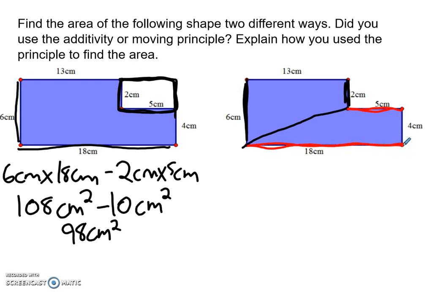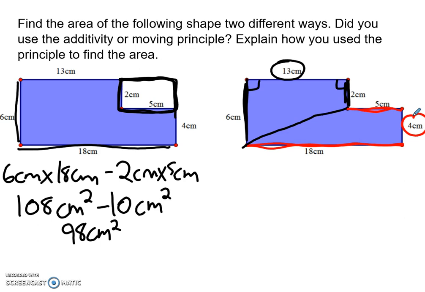Now the formula of a trapezoid, you probably haven't thought about in a while, but it's 1/2 base 1 plus base 2 times the height. So we just got to pay attention to what is our height. And our height is the segment that connects our two bases, which in that top trapezoid would be the 13 centimeters, and on the bottom trapezoid would be the 4 centimeters.